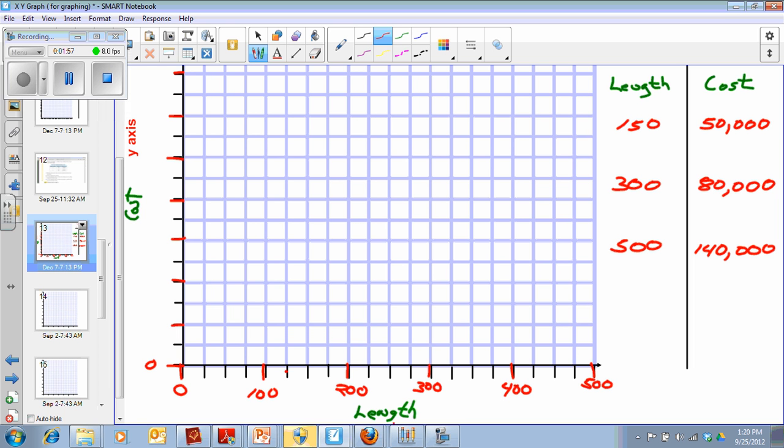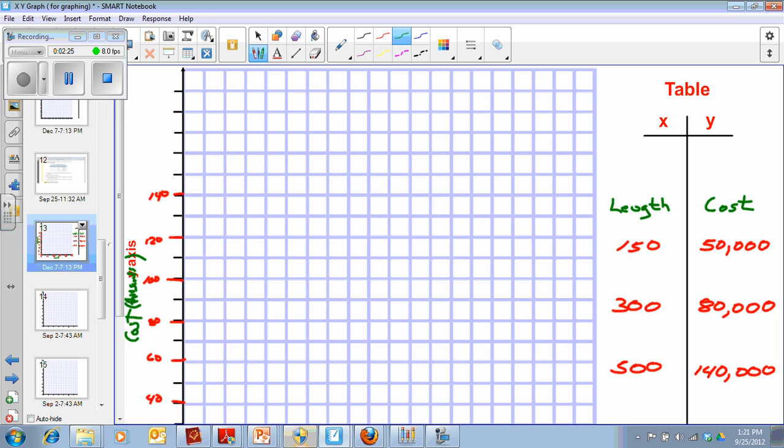That should work, so I'm going to label those numbers: 20, 40, 60, 80, 100, 120, and 140. Because I didn't put all the thousands there, I should label that my cost is in thousands.